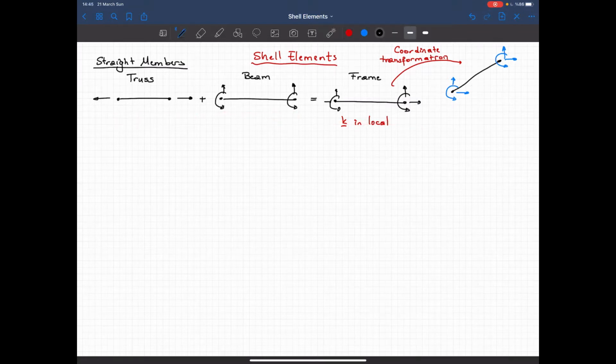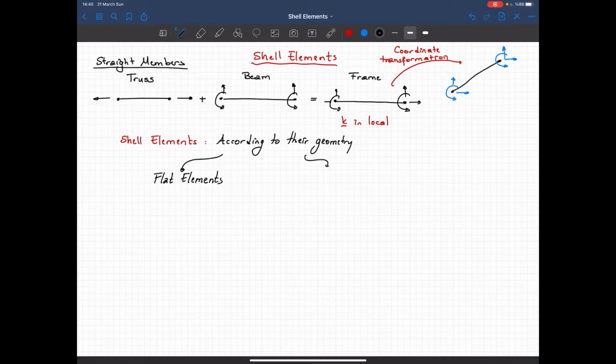Now the shell elements, we can classify them according to their geometry as follows. We can have flat elements, so on the other hand we can have warped or curved elements.